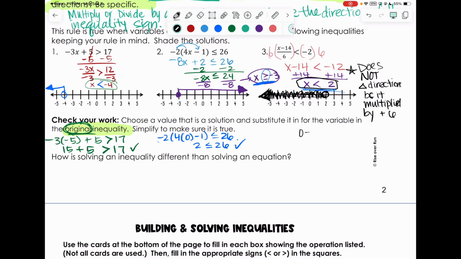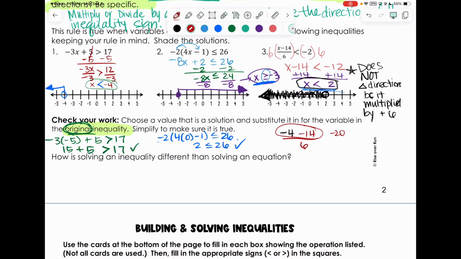How about negative 4? Do you know why I chose negative 4? Negative 4 minus 14 is negative 18, right?